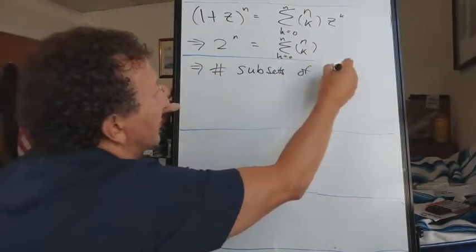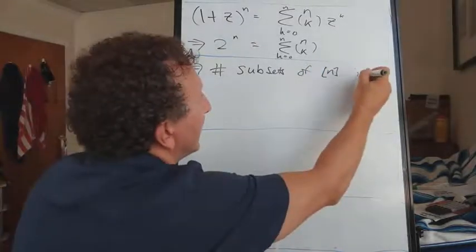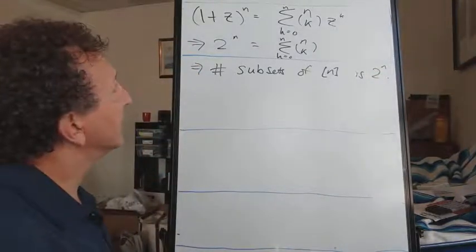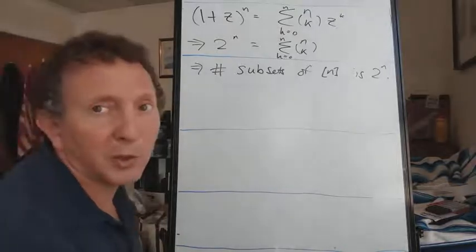The number of subsets of an n-element set is 2^n. So one proof is we plug in z equals 1 in this equation, but I want to show you a bijective proof.